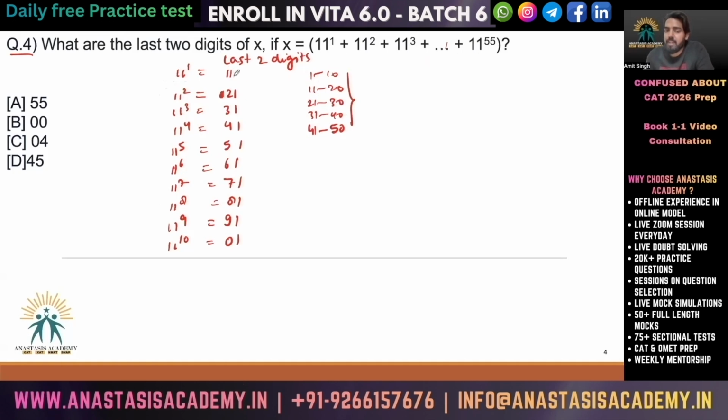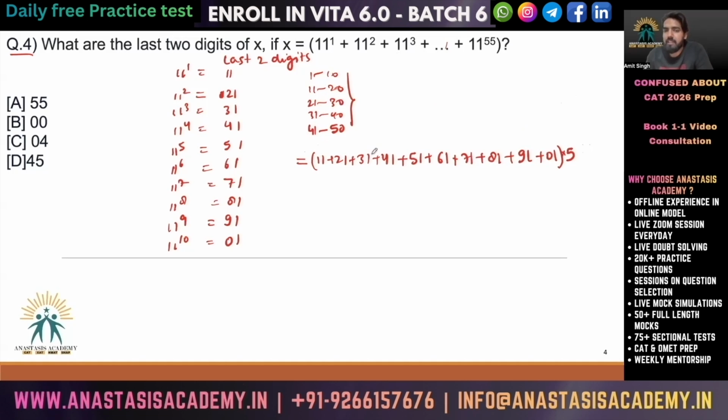So the sum of last two digits for these sets would be 11 plus 21 plus 31 plus 41 plus 51 plus 61 plus 71 plus 81 plus 91 plus 01, into 5 times, because there are 5 sets.